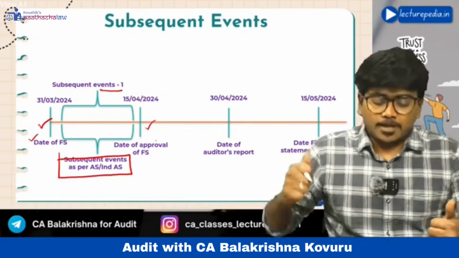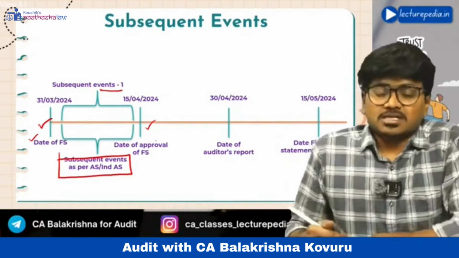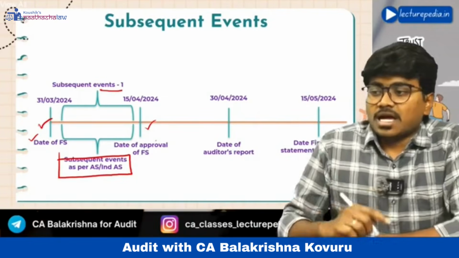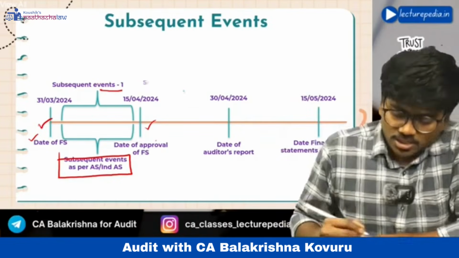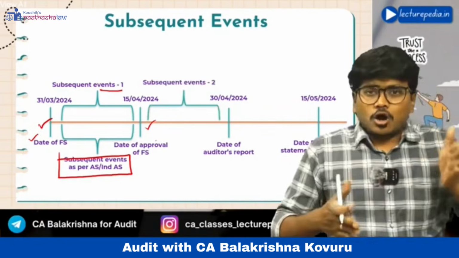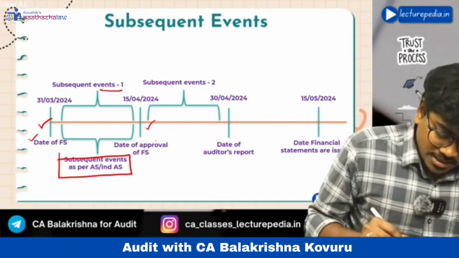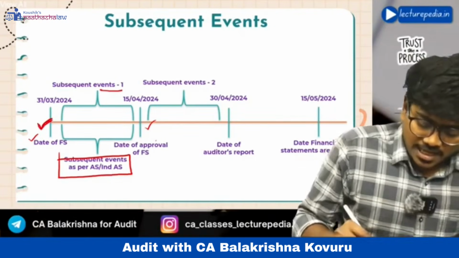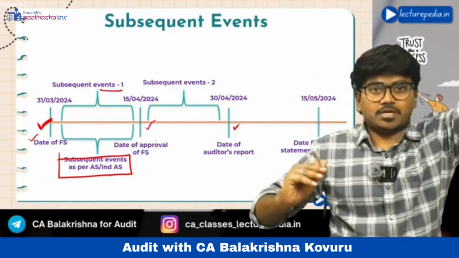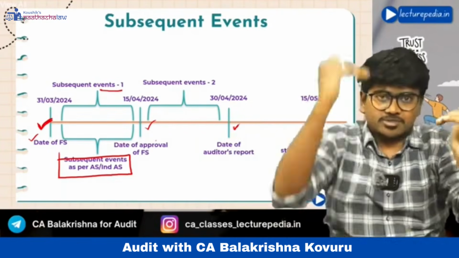Next, those events that occur between the date of approval of financial statements and the date of auditor's report will be subsequent event 2. So all the events that occur between the date of financial statements and the date of auditor's report will be subsequent event 1 and subsequent event 2, both taken together.